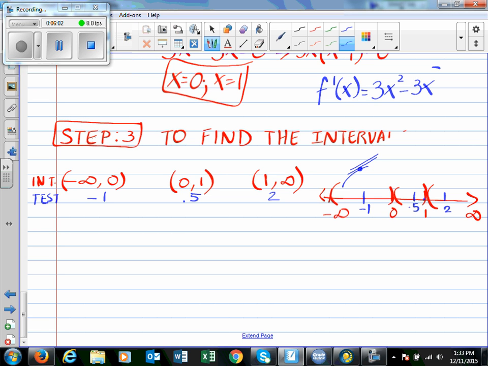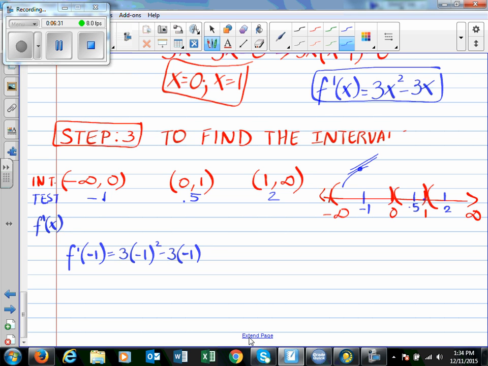So we are going to check the sign of f prime at this one. When I plug in f prime of -1, there's going to be 3 times -1 squared minus 3 times negative 1.